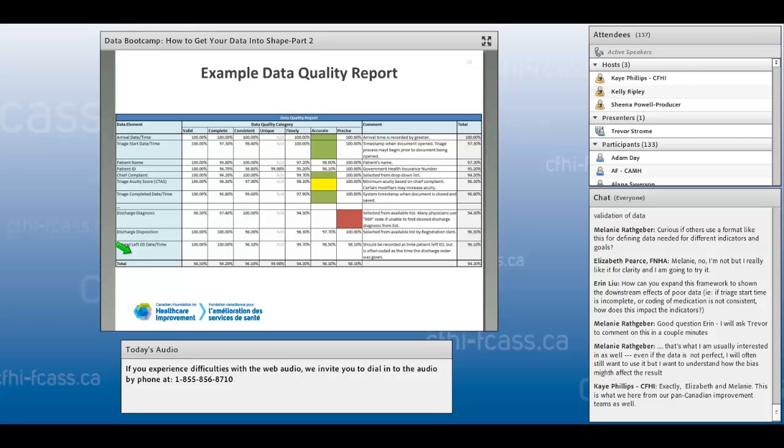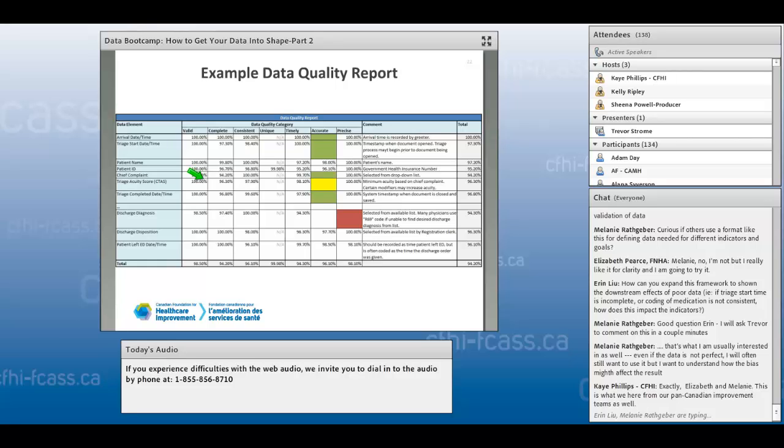It's really important to notice that in this type of report, we would have the data elements that are of interest. We've got the data quality categories, so valid, complete, etc. And then wherever possible, if we can develop a computer code or algorithm to go through and measure the percentage of records that meet that data quality category, then we can put in a quantitative measure.